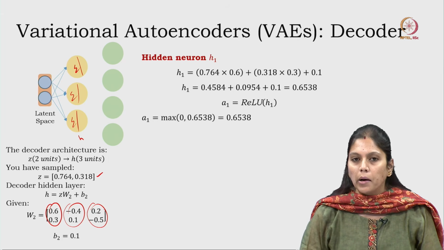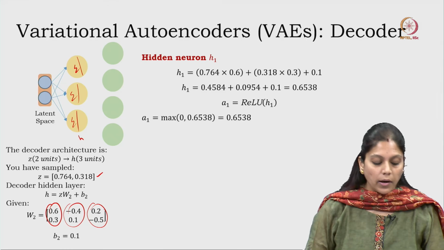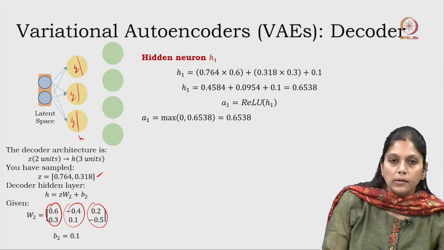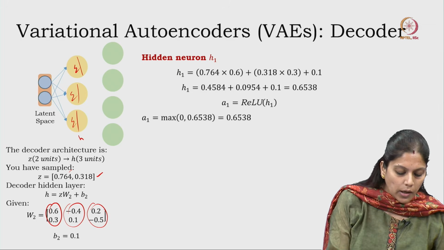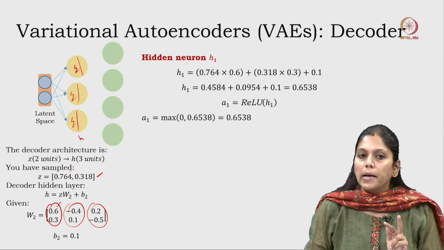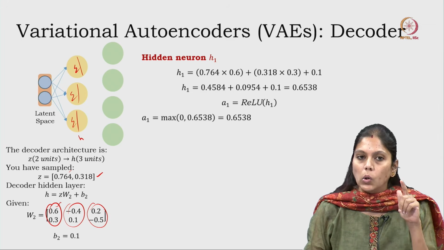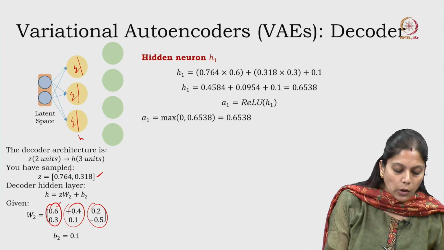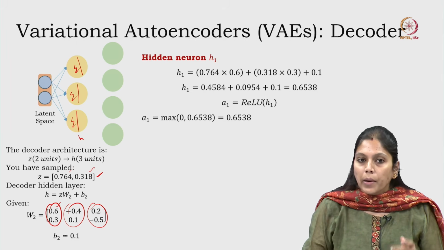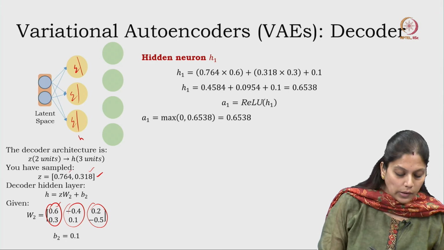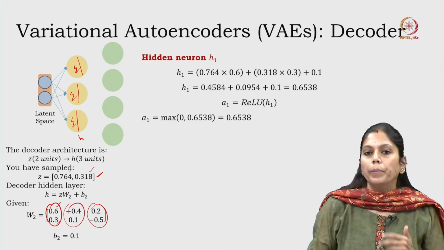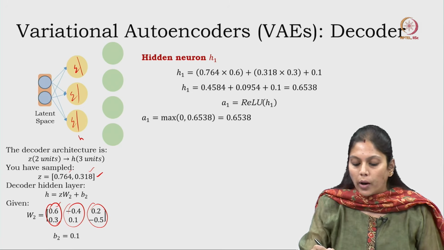And how are you calculating H1? H1 is 0.764, that is getting multiplied with its weight, and its weight here is 0.6. Plus you have a second value also, and that second value is 0.318, that is getting multiplied with its associated weight. What is its associated weight? 0.3, and the bias term 0.1.